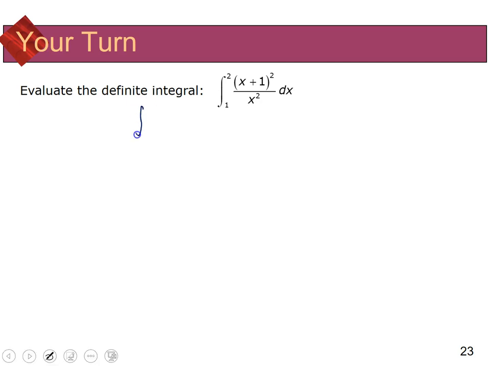So the integral from 1 to 2 of x squared plus 2x plus 1 over x squared dx. Now I'm going to carry out the divisions. x squared divided by x squared is 1. 2x divided by x squared is 2 over x. And 1 over x squared is x to the negative 2 power.